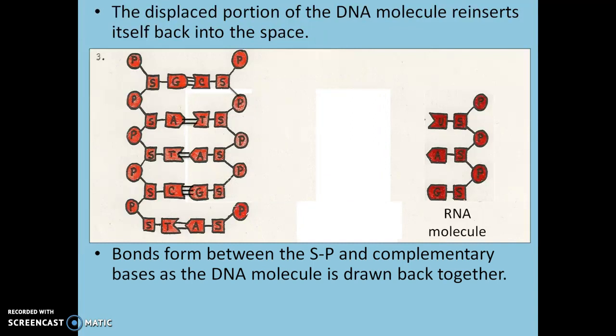So after this process of transcription, we have our DNA molecule back to normal, and now we have an RNA molecule with our code that is able to leave the nucleus, travel into the cytoplasm, and go to the ribosome to make that protein. So once again, transcription, the purpose of it is to get that code from DNA into RNA so we can take that message and move it from the nucleus to the ribosome to make the protein.